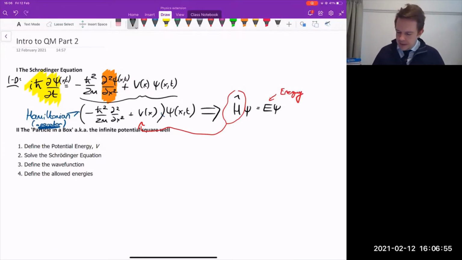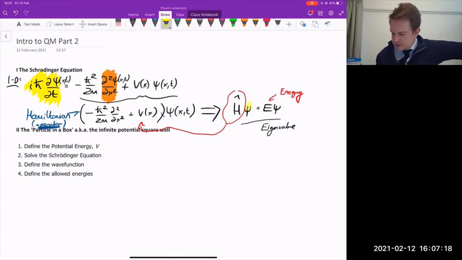The reason I highlight this version is that those of you who do maths might have come across eigenvectors and eigenvalues. Just ignore this if you've not come across them. This is called an eigenvalue equation because we've got a wave function here, which has many similarities to a vector. We're operating on it with an operator, which in maths you might consider like multiplication by a matrix, and then you generate a scalar multiplied by the function.